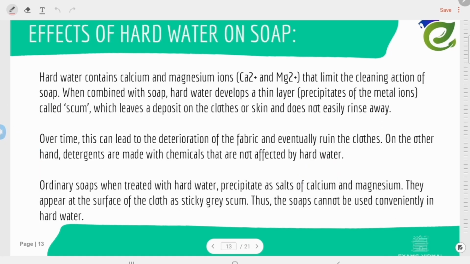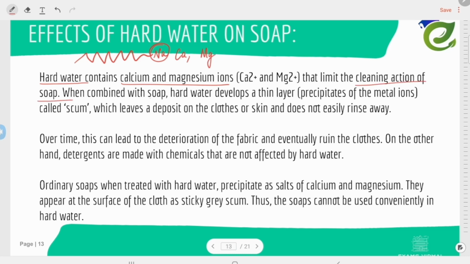Effects of hard water on soap. In soap, we have seen that the hydrophobic part contains a sodium ion at the end. If we use it in hard water, which contains calcium and magnesium, the sodium will be replaced by calcium or magnesium. That limits the cleansing action of soap.